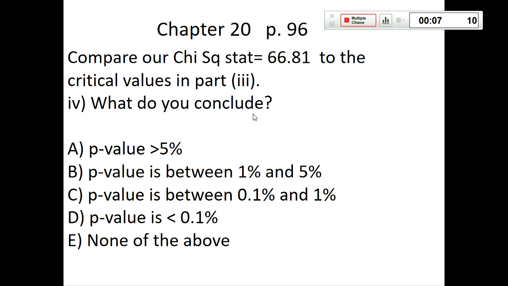I'm saying, what do you conclude? Compare our chi-square stat of 66.81, way far out there, to those critical values that we just looked at in part 3. Those critical values were what? 5.99, 9.21, and 13.82. So what do you conclude our p-value is? Where do you think it is? A, B, C, D, or E?